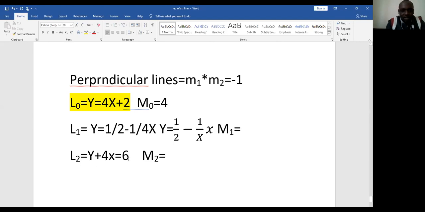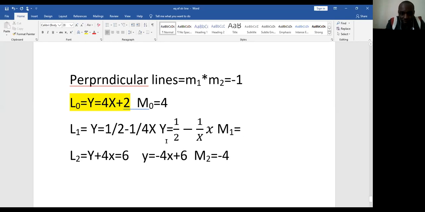The gradient of a straight line comes from y is equals to mx plus c. So this 4 has to come to this side, and it becomes negative. So y is equals to negative 4x plus 6. So in this case, M2 becomes negative 4.